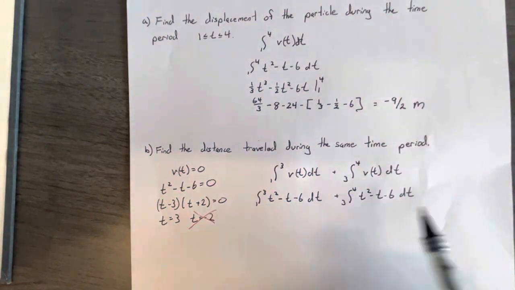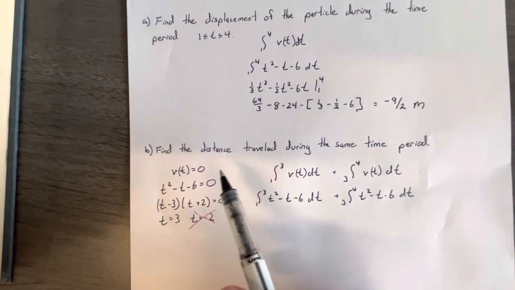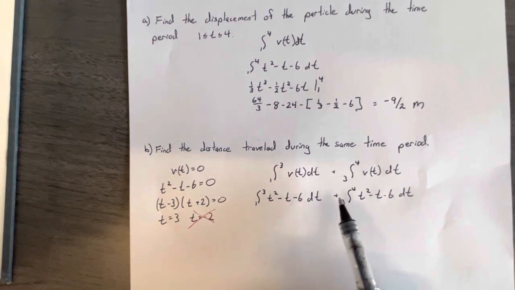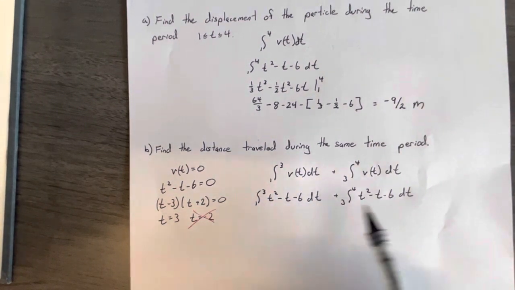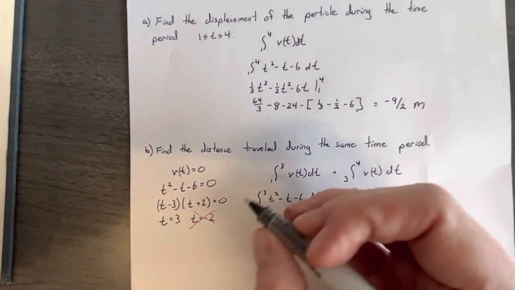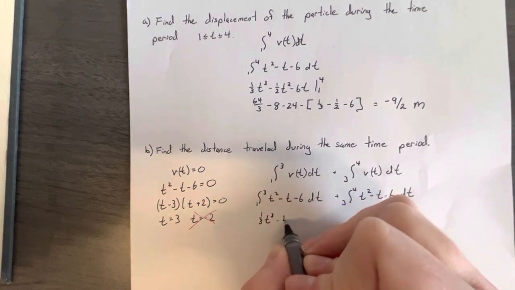So we're setting up these integrals here from 1 to 3 and from 3 to 4. Since we've split it up here, knowing 3 is where it's at 0, one of these will be negative, the other one will be positive, and we need to take just the positive version of each. So we already know the antiderivative. It's the same for each of these, just like we did above.